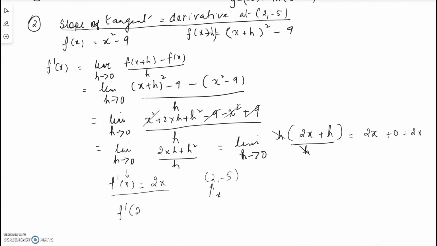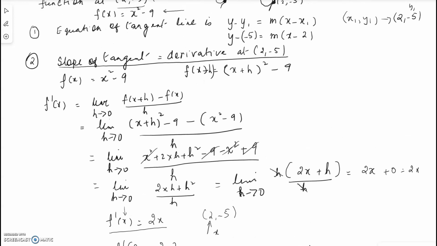So f prime of 2 is equal to 2 times 2, which is equal to 4. So the derivative of the function at 2 is equal to 4, which is the same as saying the slope of the tangent line drawn at the point 2 comma negative 5 is equal to 4.